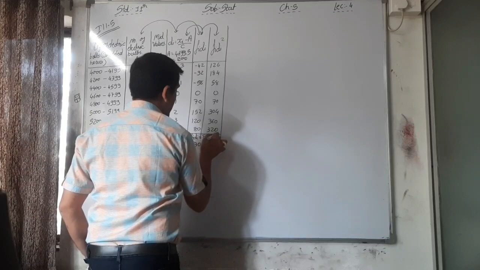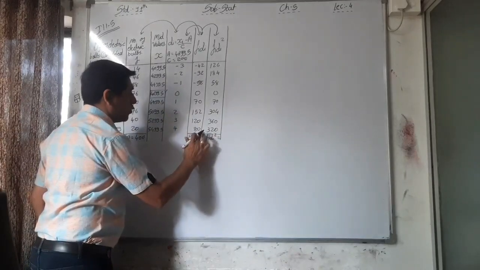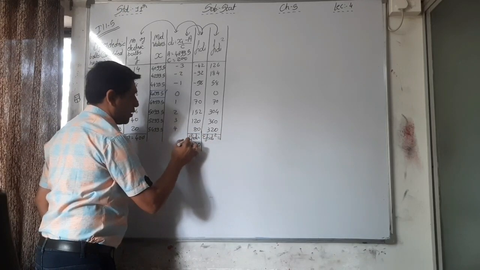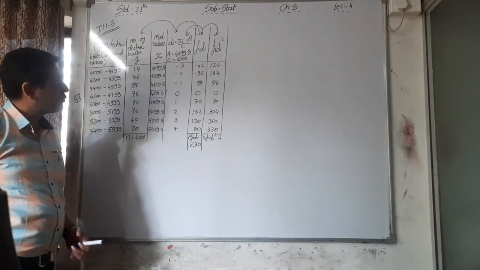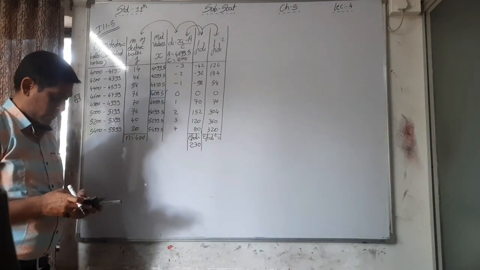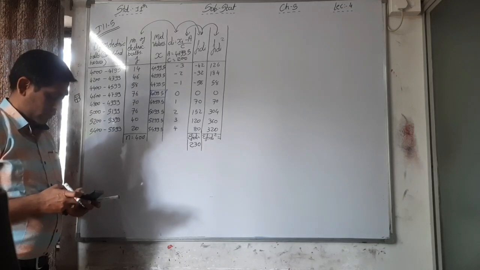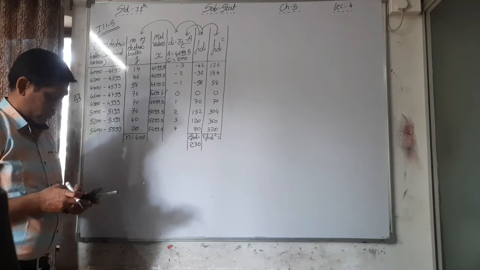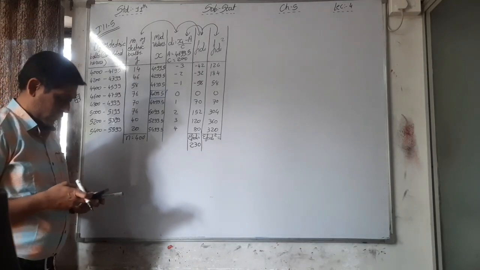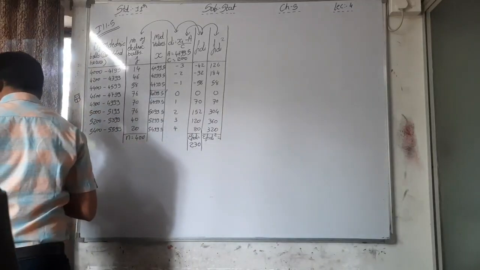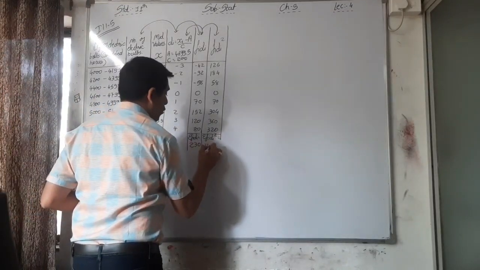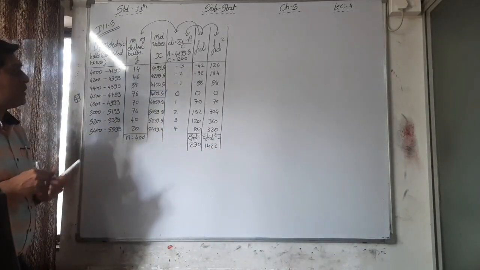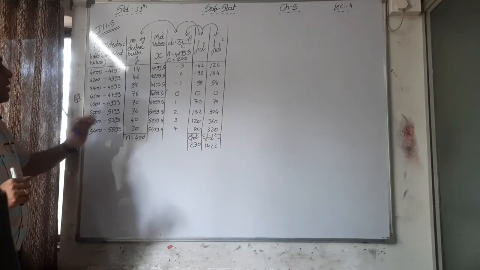Sigma fidi square is equal to the total of the fidi square values, 1422.